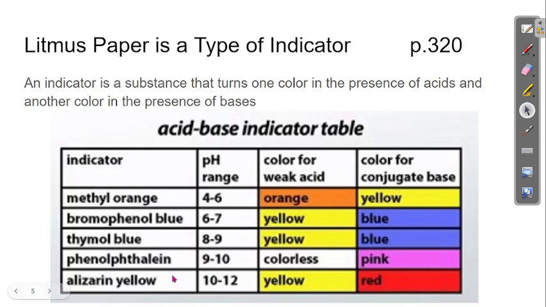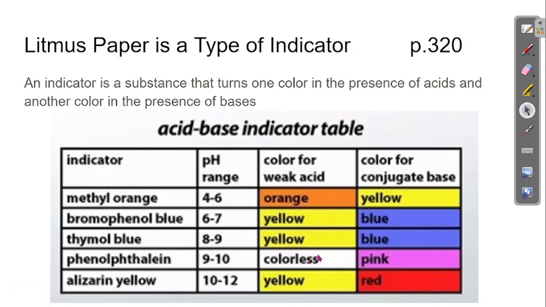So here you have the pH ranges and the color they turn when they get into contact with an acid, and then how they change to a different color when they touch a base. So methyl orange, for example, is orange in the presence of an acid, but it turns yellow in the presence of a base.